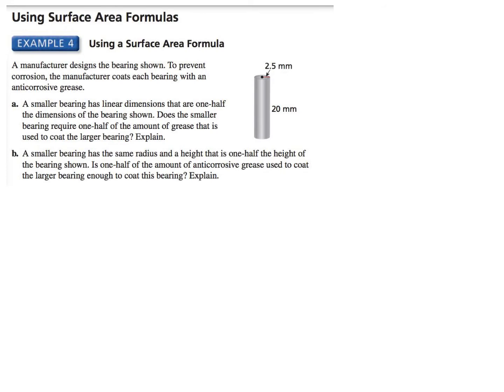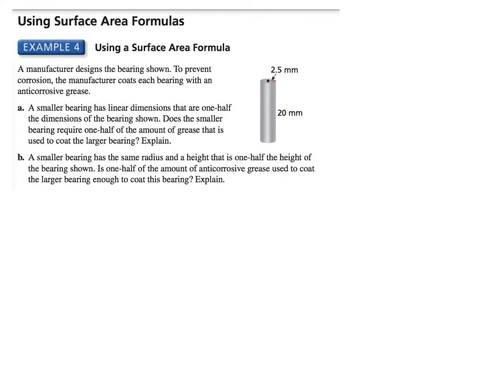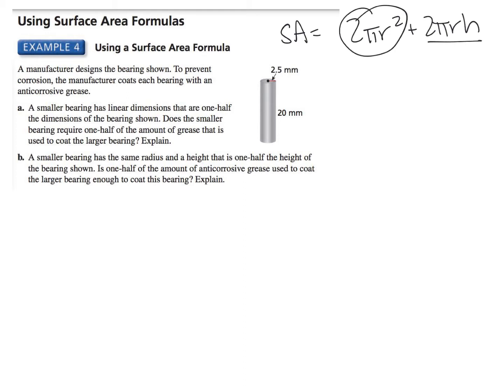Surface area for a cylinder is 2 pi r squared plus 2 pi r times h. That's 2 circles, and then that's covering that very long circular centerpiece. The 2 circles are the top and the bottom.